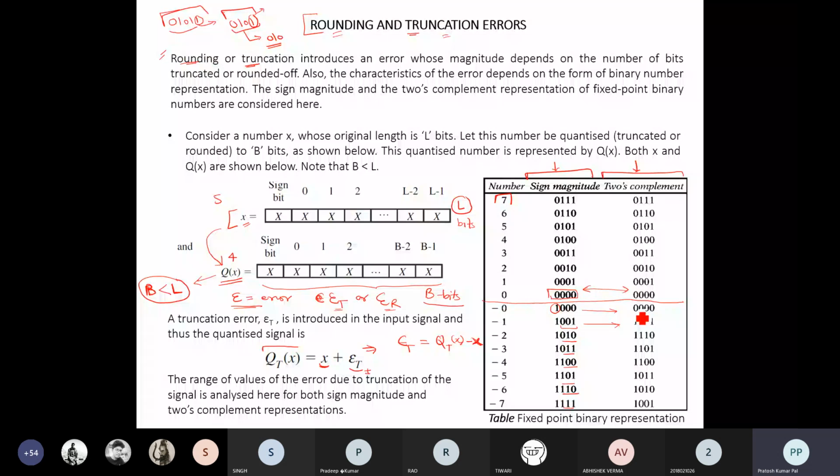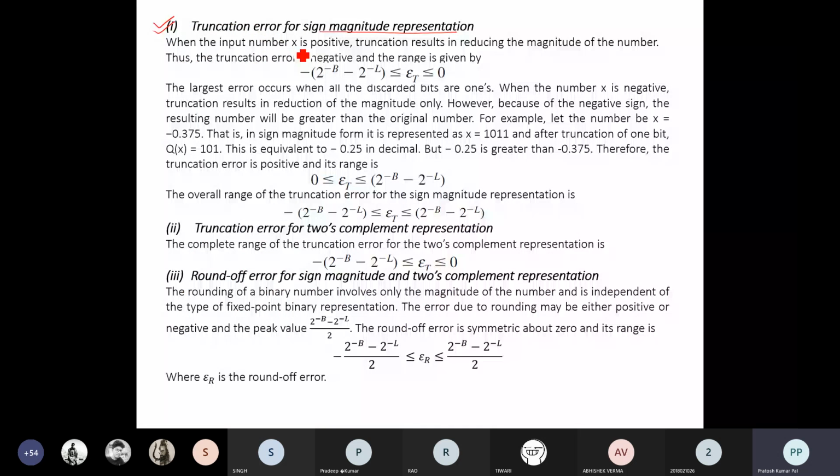Similarly here, we convert this representation into 2's complement. So this is the 2's complement representation, and this is the sign magnitude representation. In terms of truncation in sign magnitude representations, we will see the effect when the input x is positive.